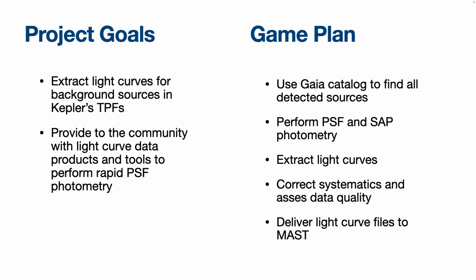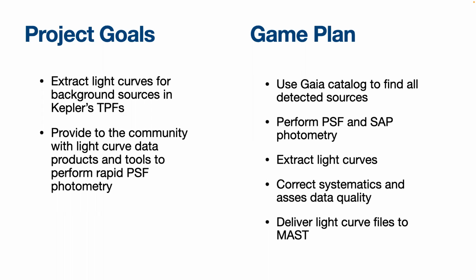And the steps to accomplish these goals are, we capitalize on the other catalogs that are available. One of them is Gaia. Gaia provides us with high accuracy astrometry of billions of sources.